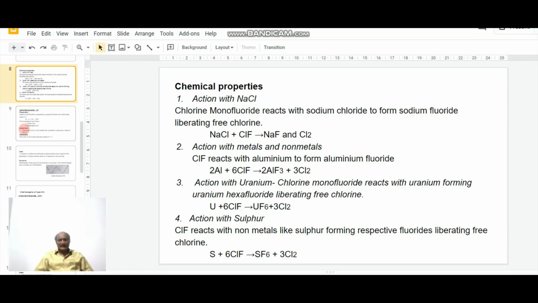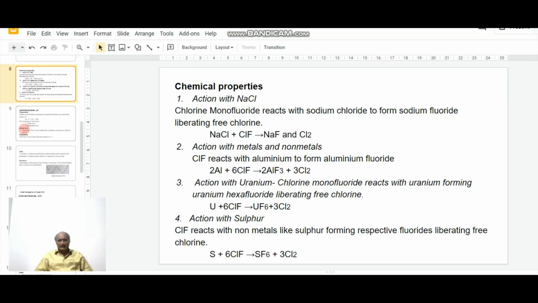Coming to the action with sulfur. Chlorine monofluoride reacts with non-metal like sulfur, forming respective fluoride, liberating free chlorine. That is, sulfur reacting with 6 moles of chlorine monofluoride gives sulfur hexafluoride with the liberation of 3 chlorine.